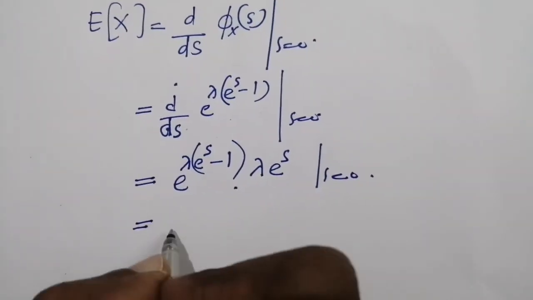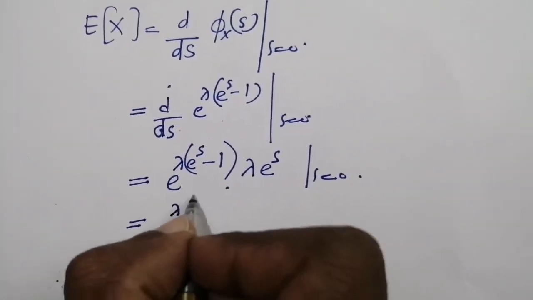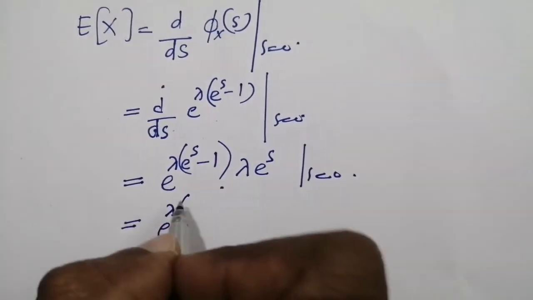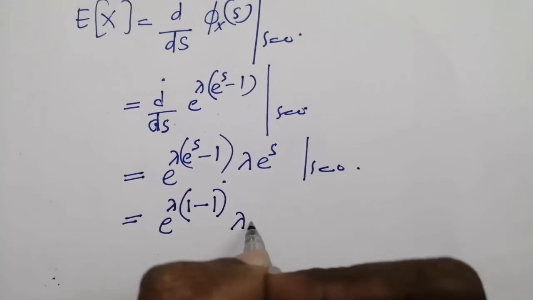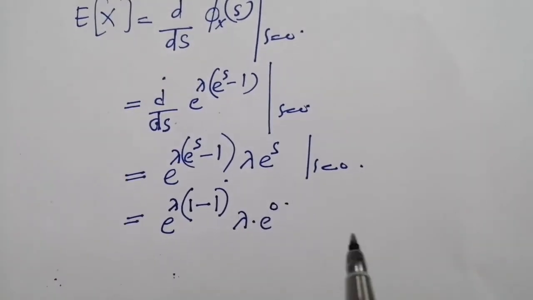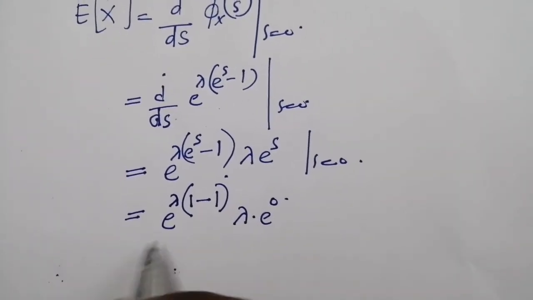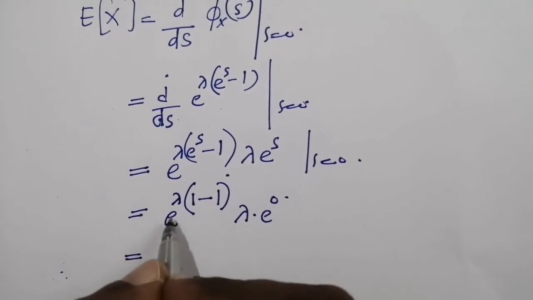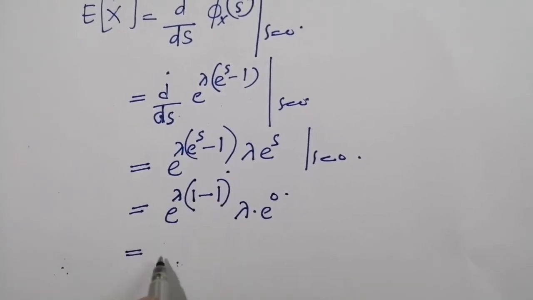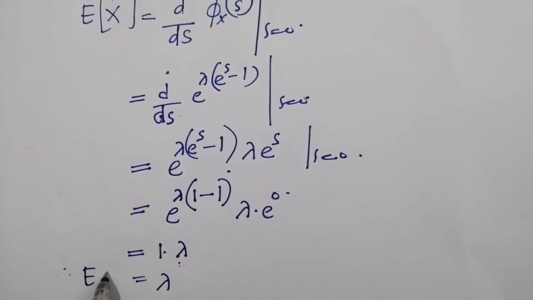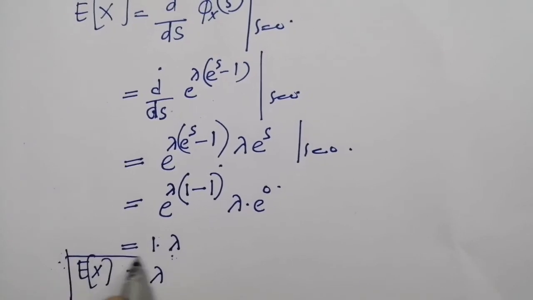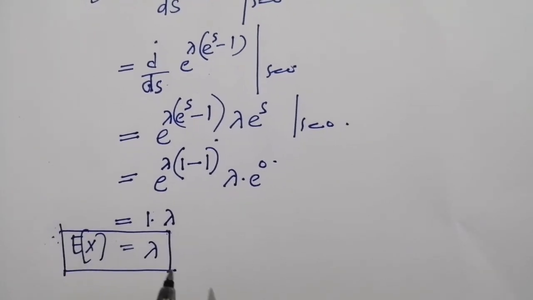So that is e raised to lambda into (1 minus 1) into lambda e raised to 0, which is again 1. So this is e raised to 0, that is 1, into lambda into 1. So this will be equal to lambda. So the mean of the Poisson random variable is lambda.